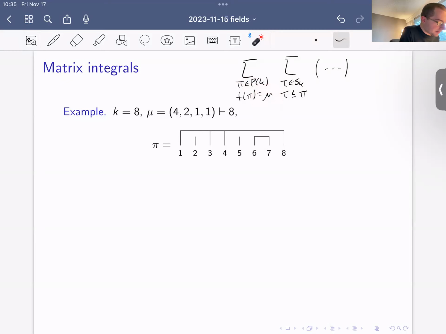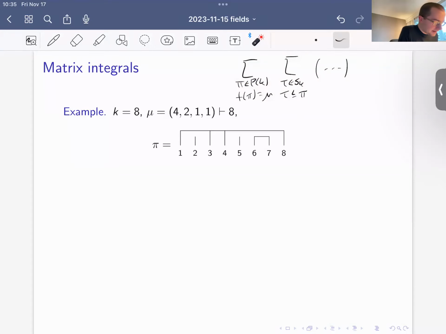Basically mu gives the sizes of the blocks of the partition pi. And then for each of these partitions pi, you have this inner sum of permutations that leave the blocks invariant. So that's what I mean by tau less than or equal to pi.